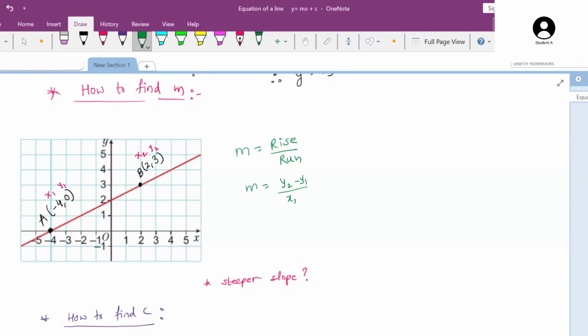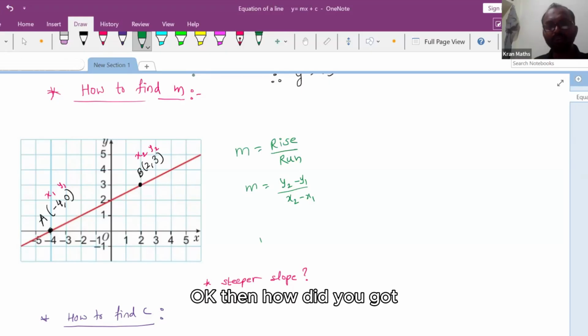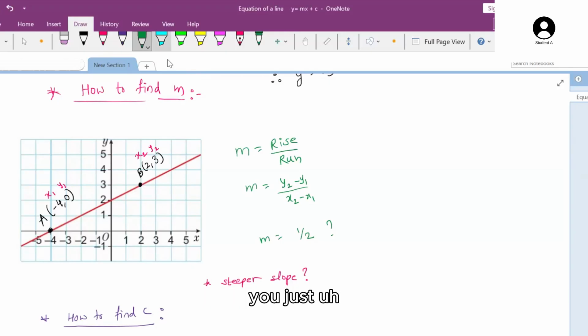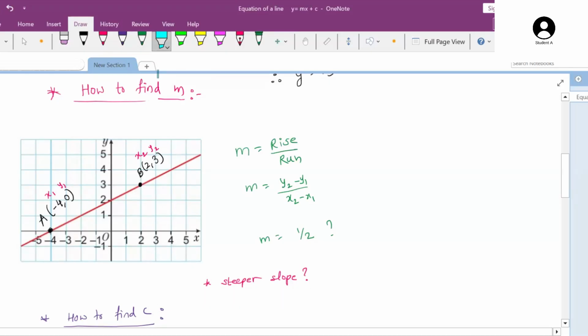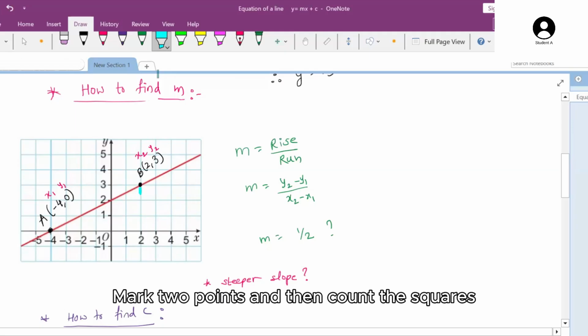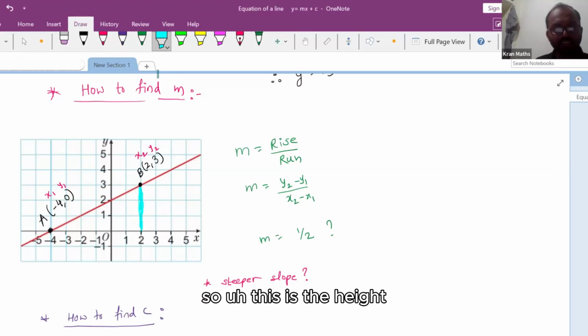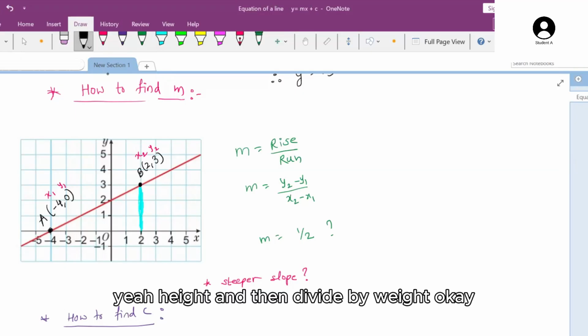No. Okay, then how did you get 1/2? Because we've only been learning to mark 2 points and then count the squares. Very good, very good. So this is the height, divided by the width.